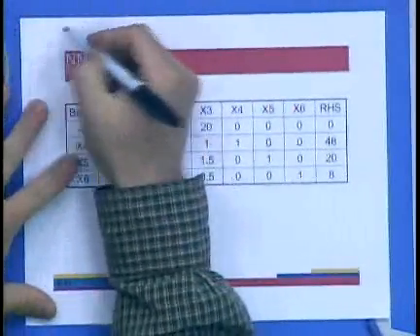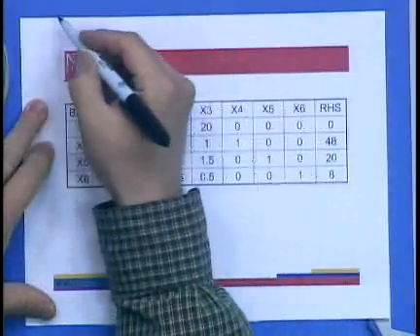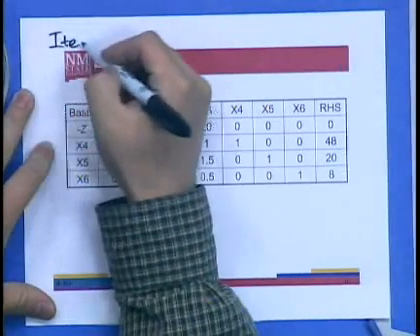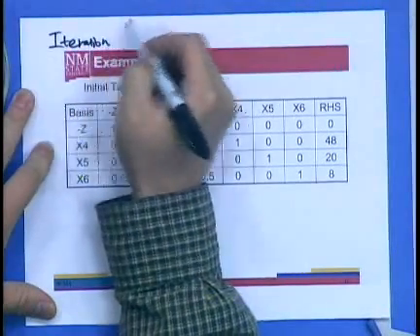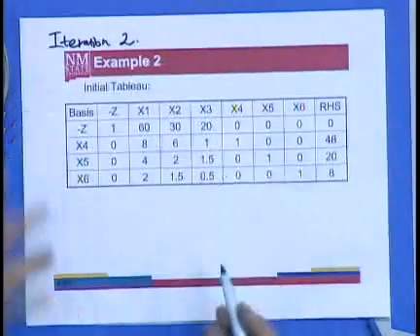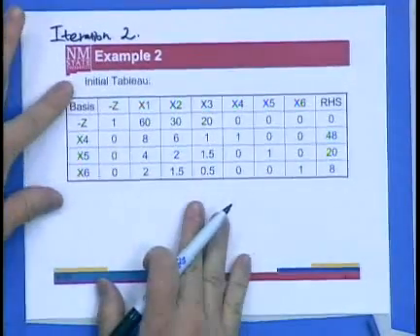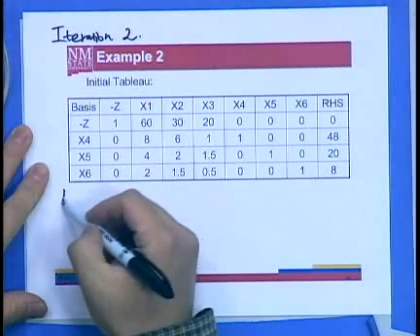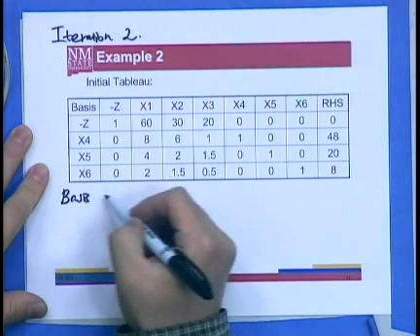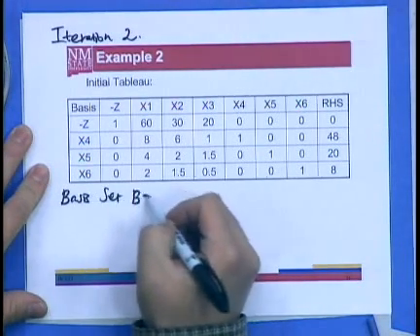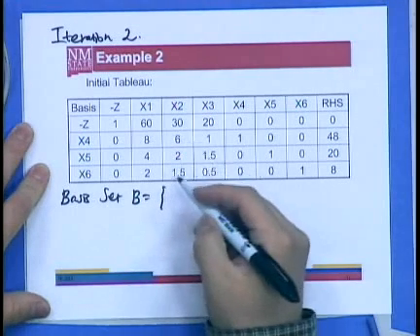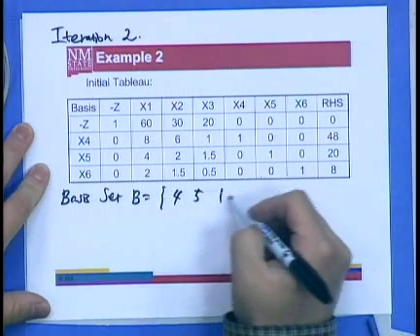Let's say we've started iteration number 2 with this initial table and the basis set B was 4, 5, 1.